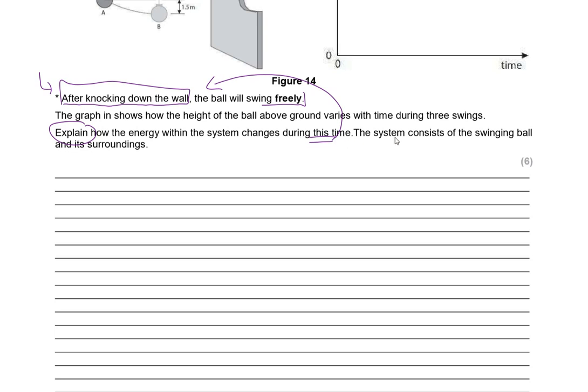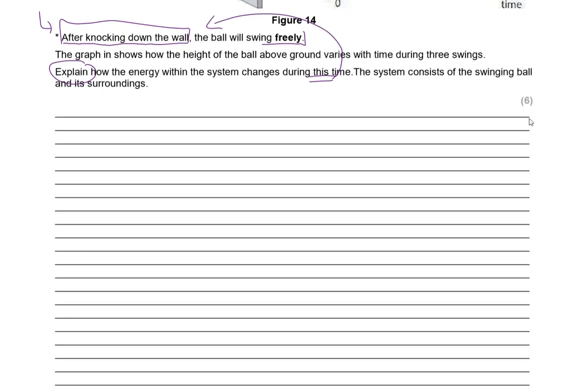The swing consists of the ball swinging and its surroundings. First of all, we need to identify that this is indeed the case. What we're going to do is draw a diagram. After it's knocked down, let me go back to the diagram.